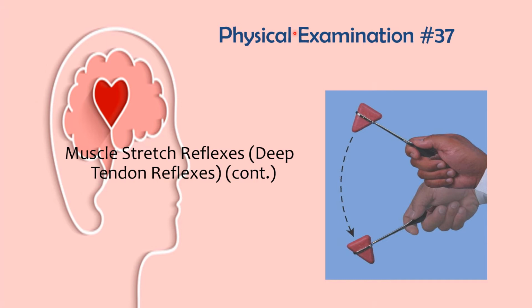Then you have to note the speed, the force, and the amplitude of the reflex response, and you grade the response using the scale in the previous slide. Always compare the response of one side with the other. Again, the reflexes are usually graded on a scale of 0 to 4.